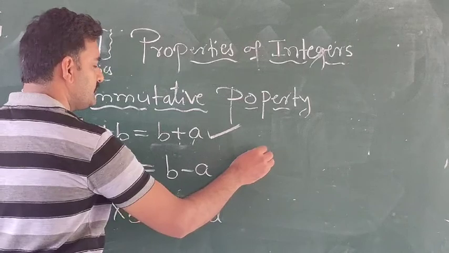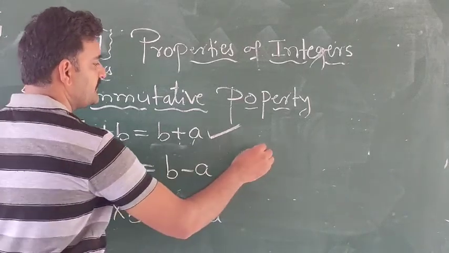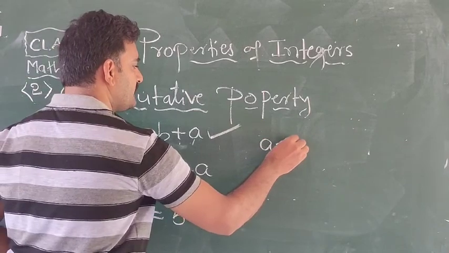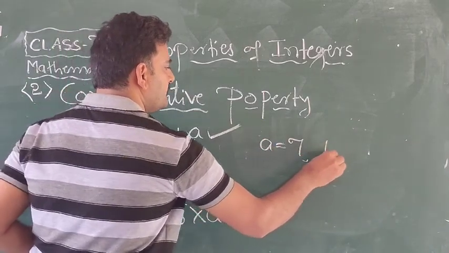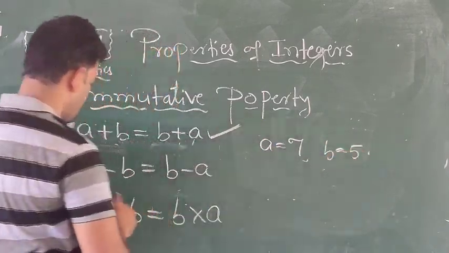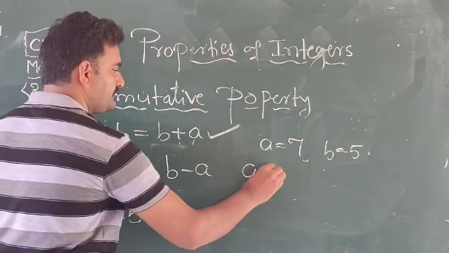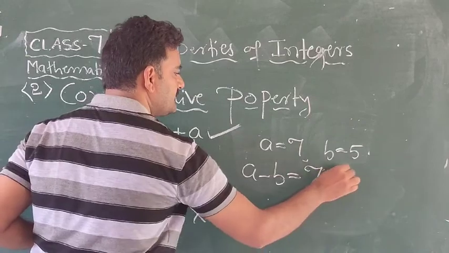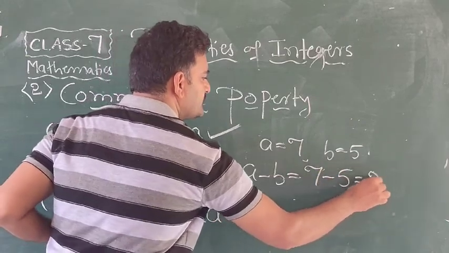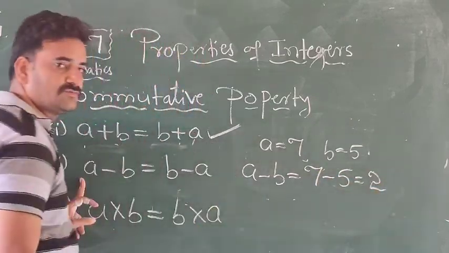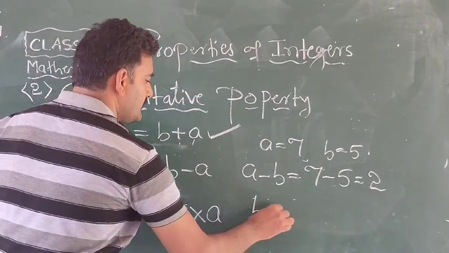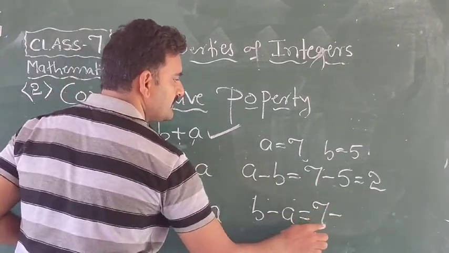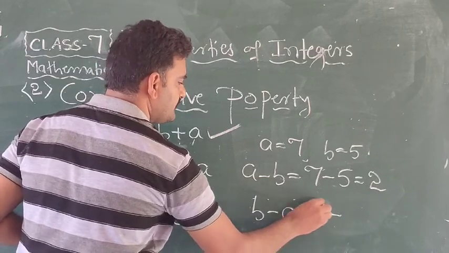Now I am doing subtraction, whether it holds good or not. A is equal to, let us say, a different number 7. B is 5. Now A minus B. A means 7, minus as it is, B means 5. So 7 minus 5 is 2. Now in a reverse order, B means what? 5.